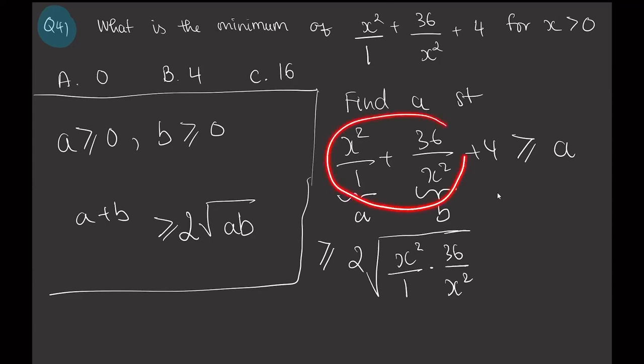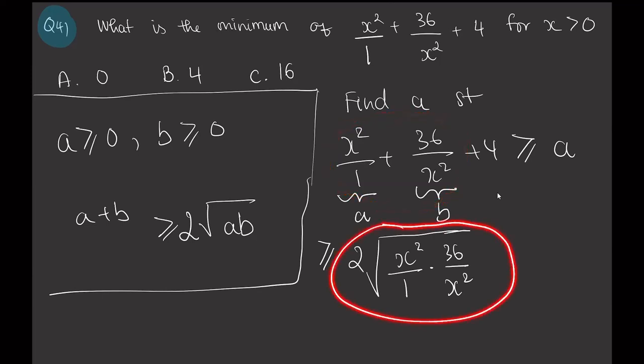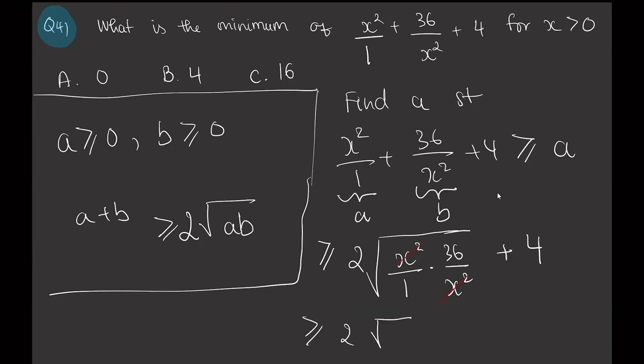So this sum is greater than or equal to this term, and I still keep the 4. Okay. And as I said, if you multiply them, these x cancel out, and you are left with square root of 36, which is 2 times 6 plus 4, which is 12 plus 4 equal 16.